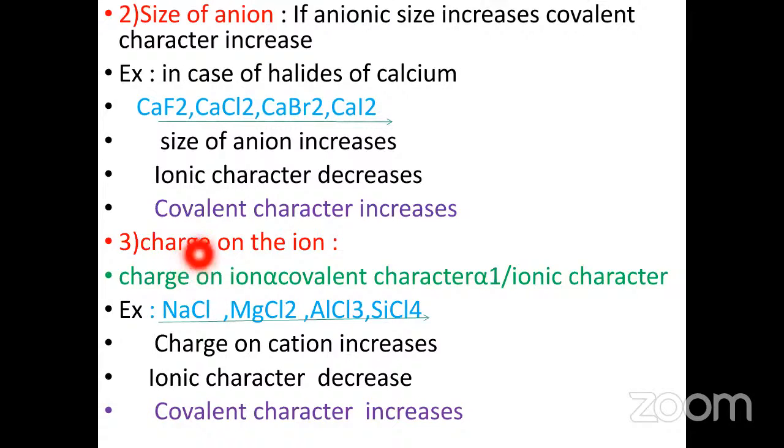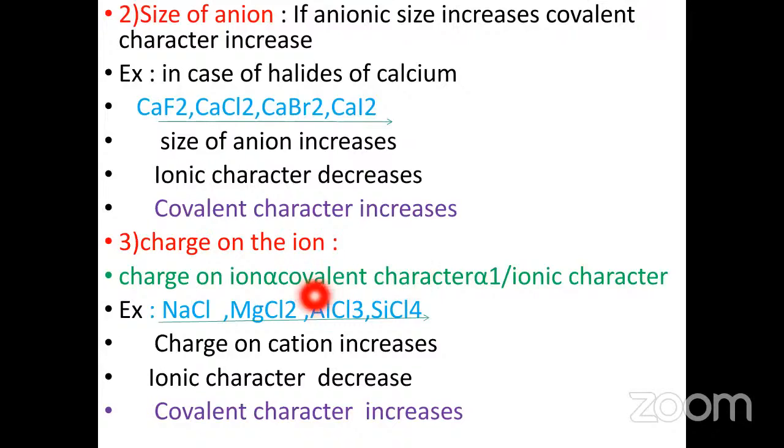Sodium chloride undergoes ionization and forms the sodium plus ion. Here MgCl2 undergoes ionization and forms the Mg2+ ion. In aluminum chloride, the aluminum gets the positive charge. In this, the silicon also gets positive charges. Sodium gets 1 positive charge, magnesium gets 2 positive charges, aluminum gets +3 charge, and silicon gets +4 charge.